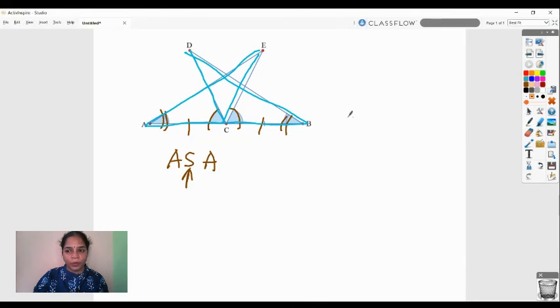Those are also congruent because of the same ASA. Or, if I mention this as M and N, you can also say that AMC and CNB, these two are also congruent.